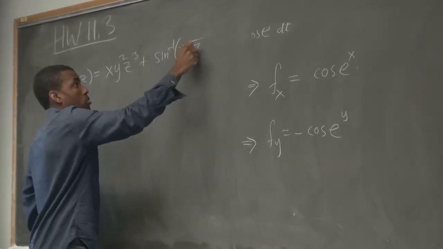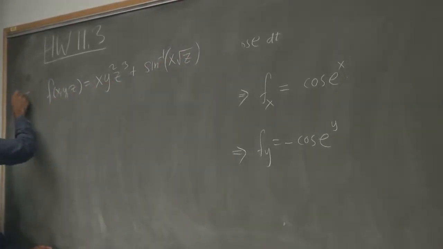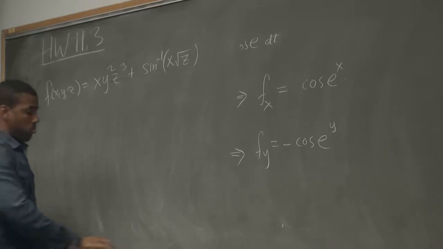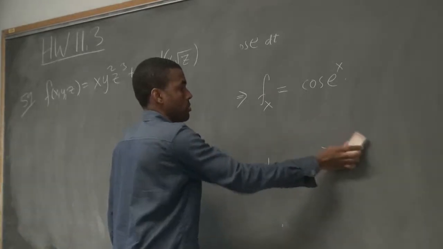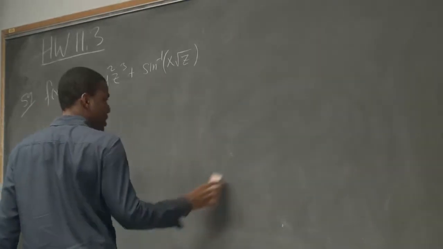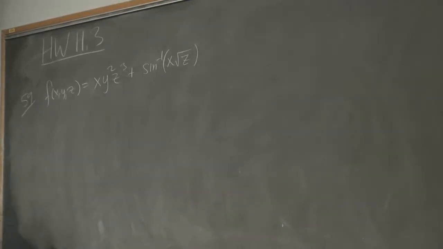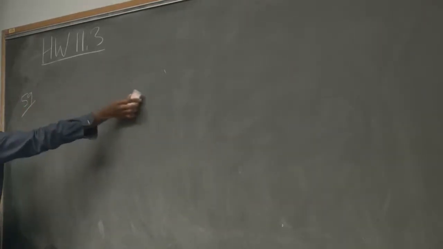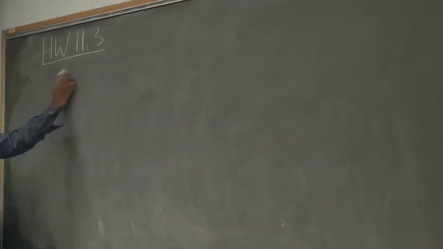What's the number? 59. Did you assign 59? I didn't assign 59. 56 is the last one. Jeez, you're doing extra overachievement. You shouldn't spend hours on that problem.